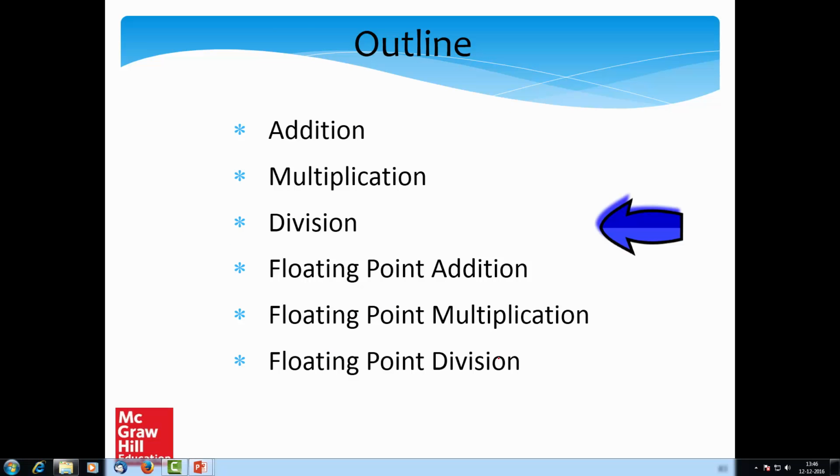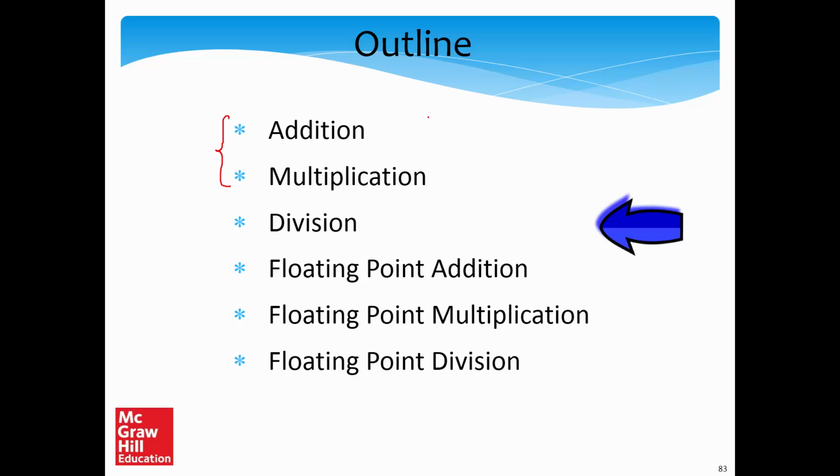All right, so what have we done? We have focused on addition and multiplication in the last three lectures. Now we'll move to division, floating point addition, floating point multiplication, and floating point division. Because this was a long chapter, I divided the slides into two sub-slides.